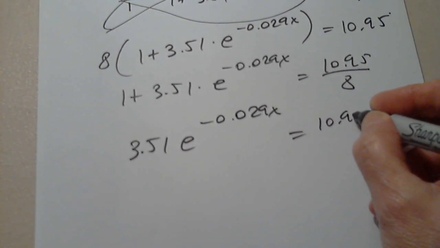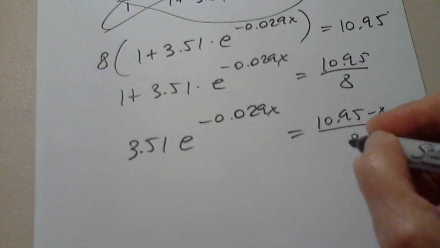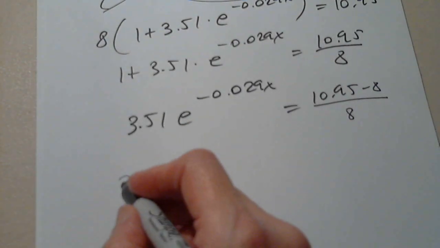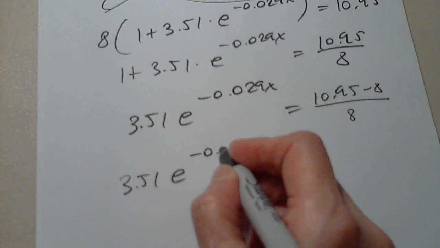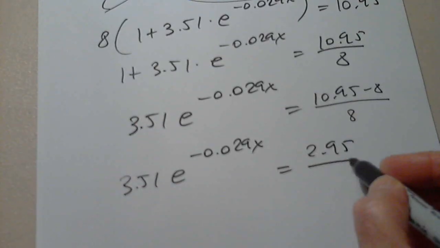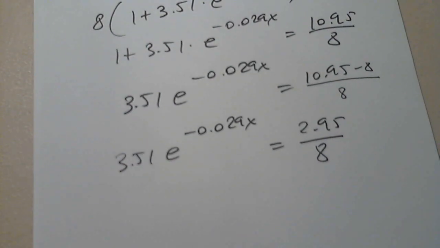So 10.95 minus 8 over 8, subtracting 1. So I'm going to write it one more time. So this is 2.95 over 8. What is the next step towards cleaning it up before I can apply log?